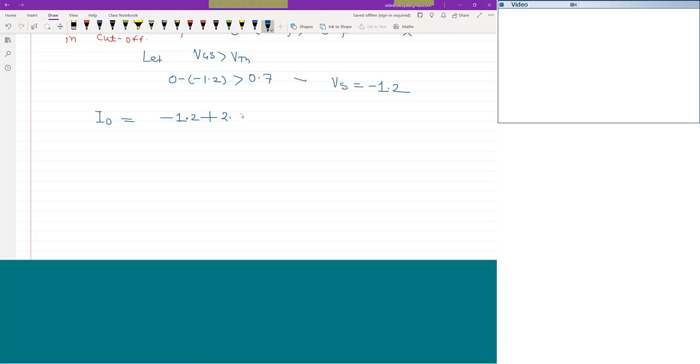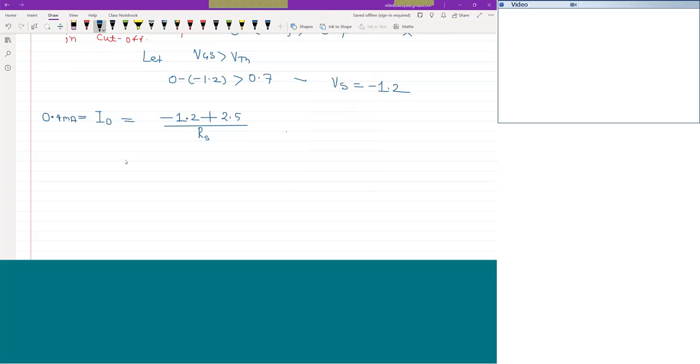plus 2.5 divided by RS, where ID is given as 0.4 milliampere.